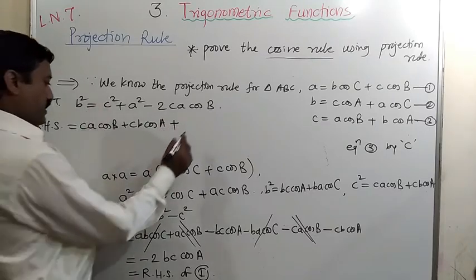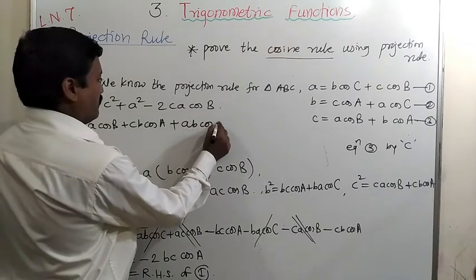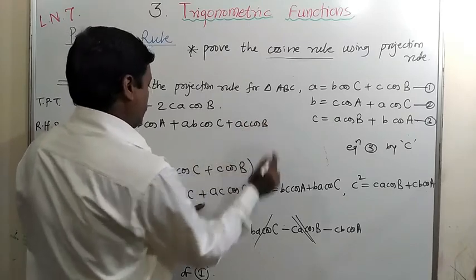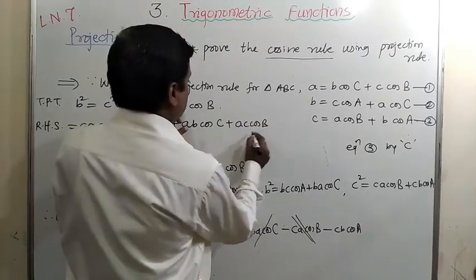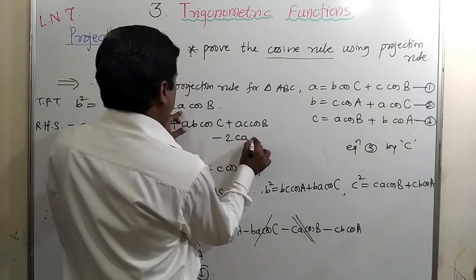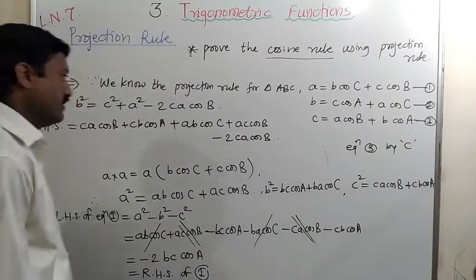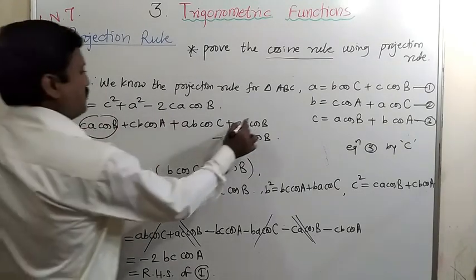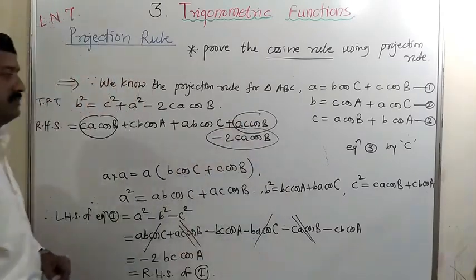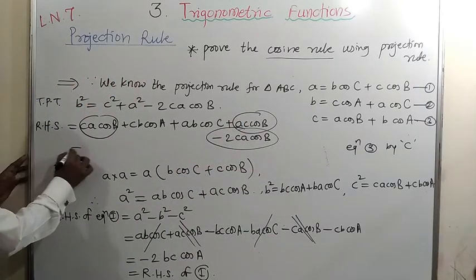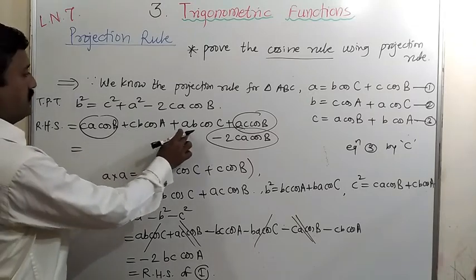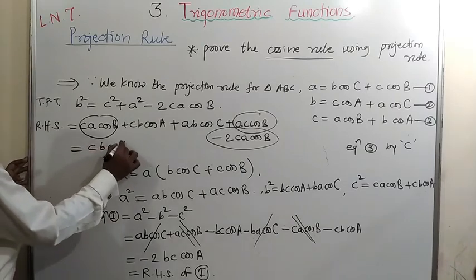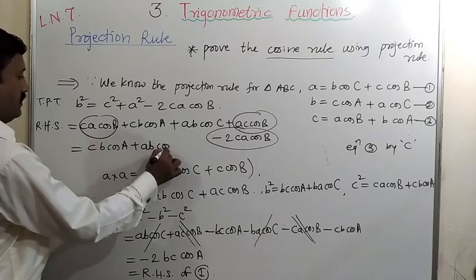A square is this ab cos C plus ac cos B, minus twice ca cos B. The ca cos B terms get cancelled with each other. So remains only cb cos A plus ab cos C.